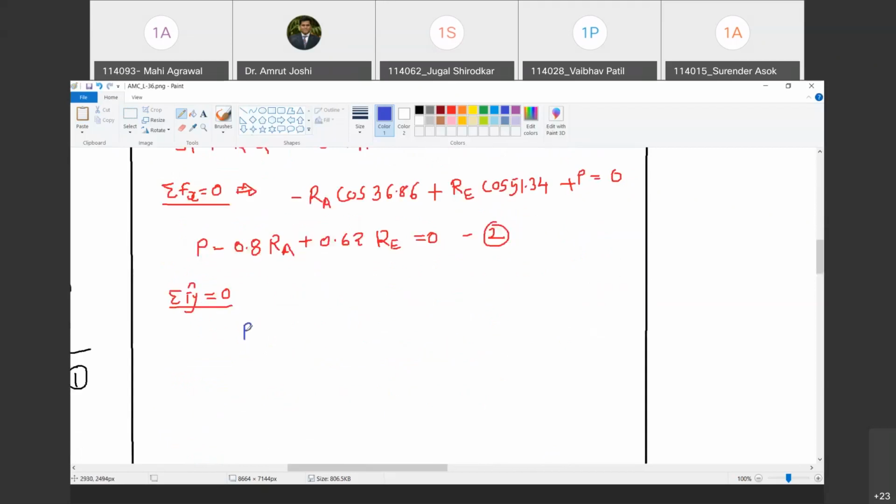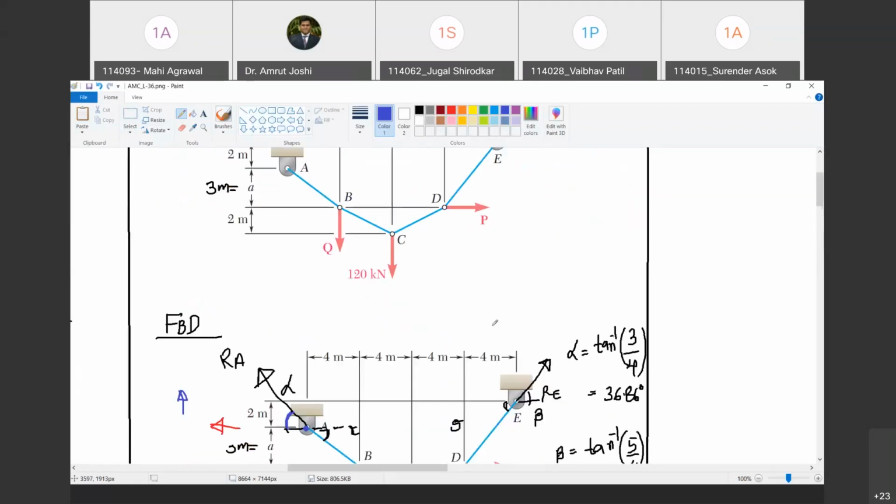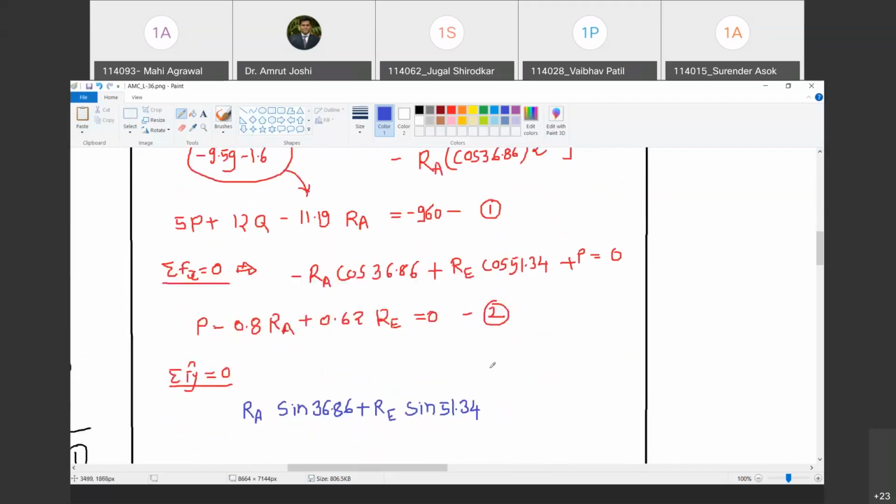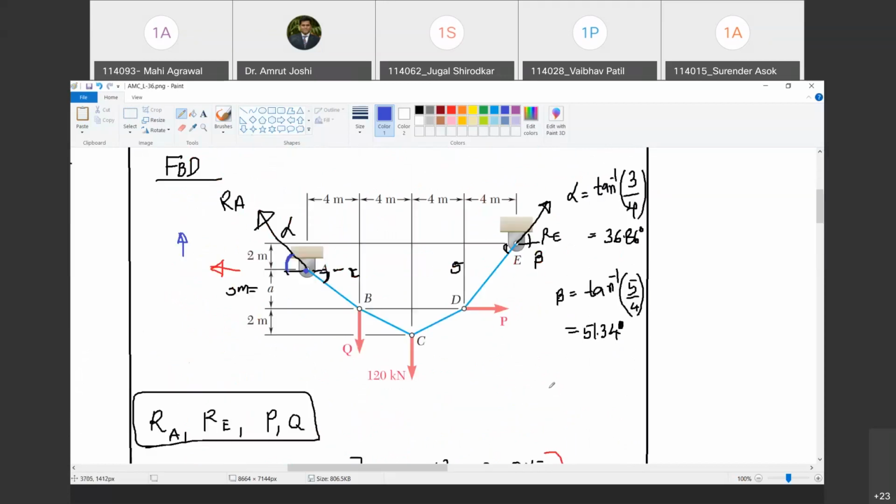RA sin of 36.86 plus RE sin of 51.34. Happy? Yes, sir. Minus Q minus 120. This has to be equal to 0.